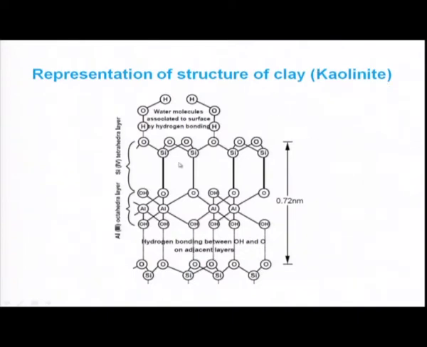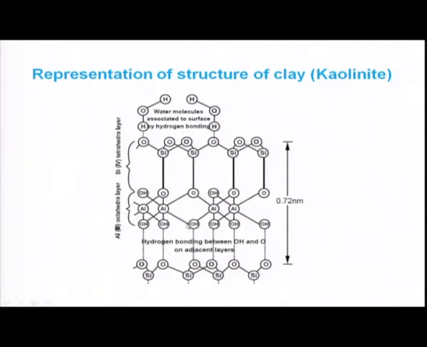You can see here the silica is arranged in a tetrahedral form attached to 4, and the aluminum is bundled together in a 6-way octahedral ring. These are arranged in a sheet type.